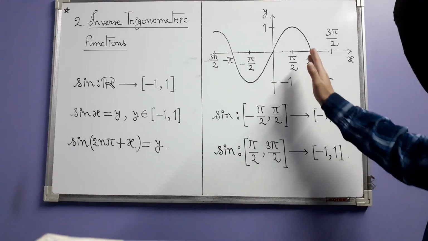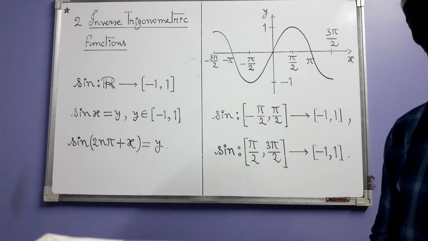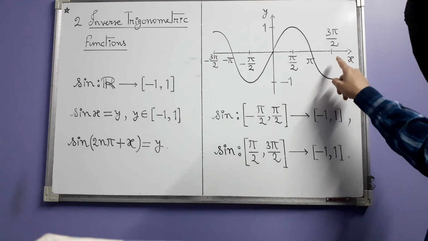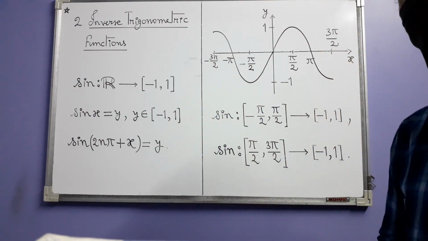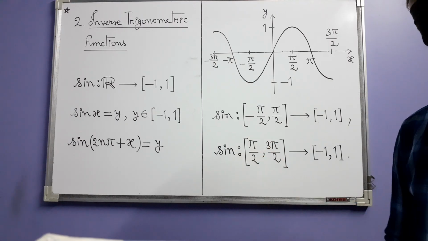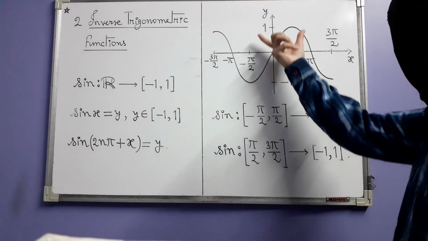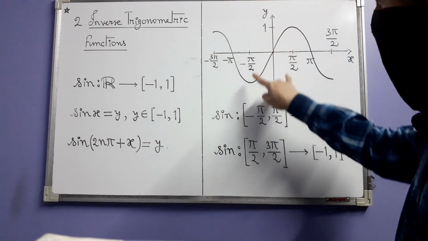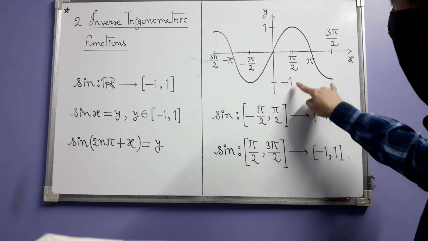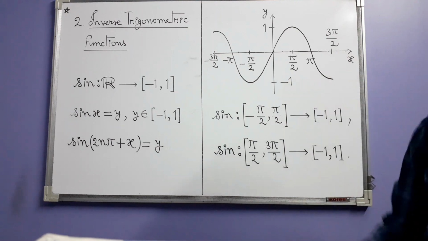You can continue to go more towards the right. Say next you can consider another such interval which starts at 3 pi divided by 2 and ends at 5 pi divided by 2. So strips or regions on the x-axis like this, they give you these restrictions.